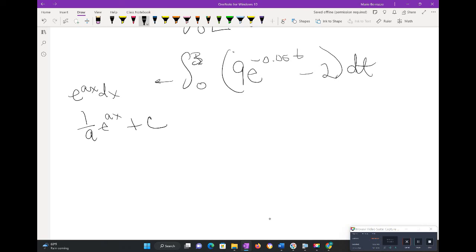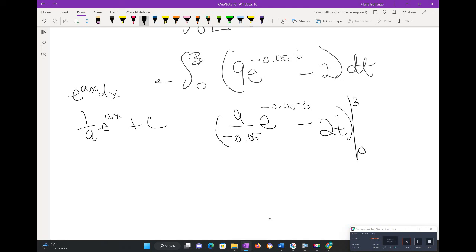That's one of those fundamental concepts. So we can re-express this as 9 over negative 0.05 e to the negative 0.05t minus 2t in the interval we're looking at, from 3 to 0 years.